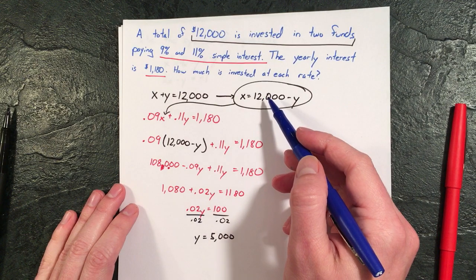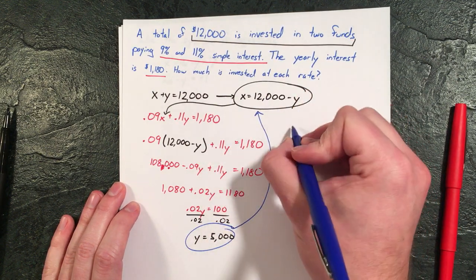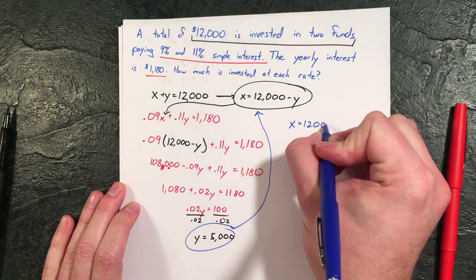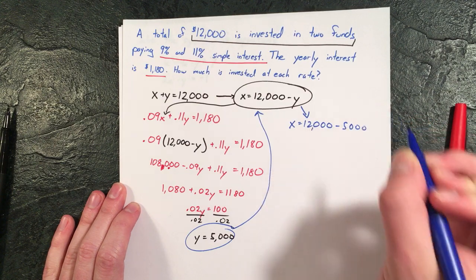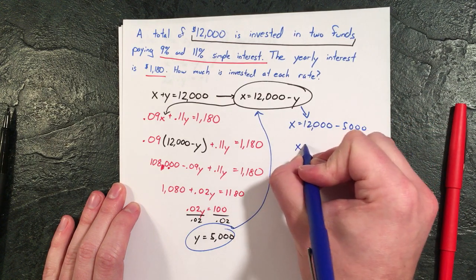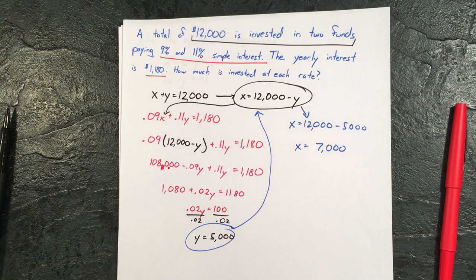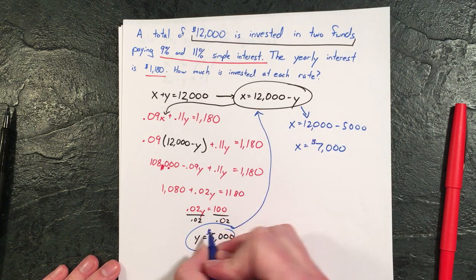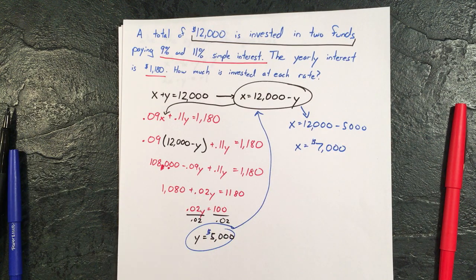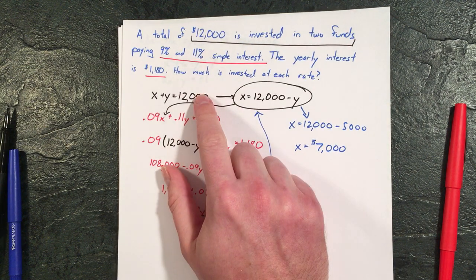Since we already have an equation for x equals up here, we can reinsert it up here. $12,000 minus 5,000, left with a $7,000 investment here. So 7,000 there, 5,000 here, and at this point I would usually check my math as well. 5,000 plus 7,000 does equal 12,000.